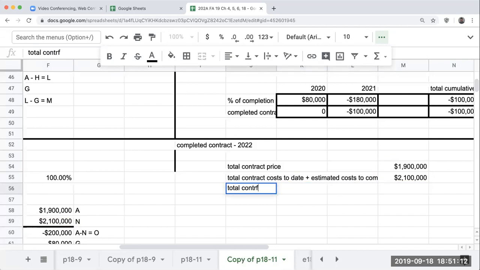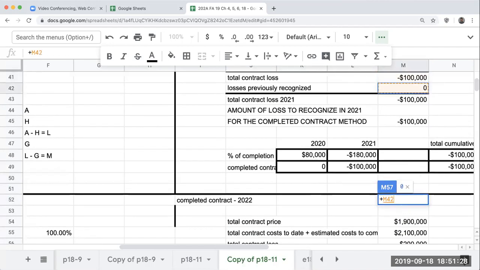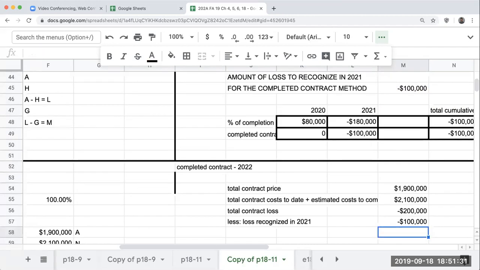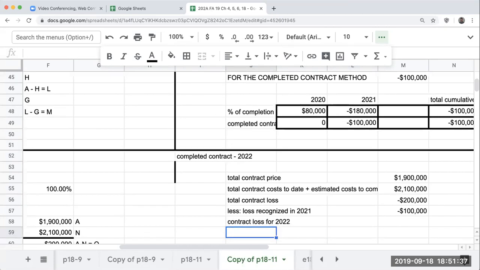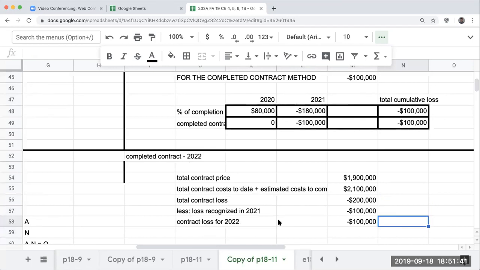So my total contract loss is going to be the same, or 200,000. What I'm going to do here, though, is say less the loss recognized in 2021, which here is going to be $100,000. So my contract loss for 2022 is going to be the 200,000 less 100,000.